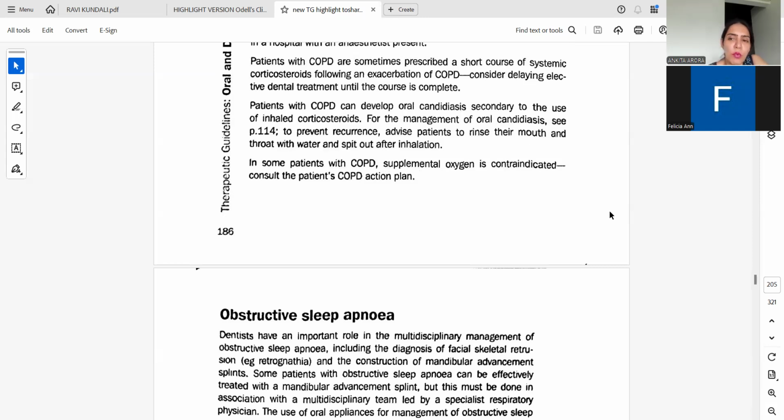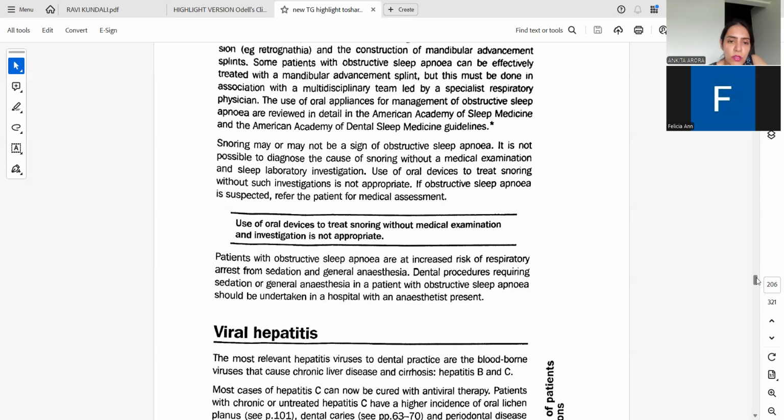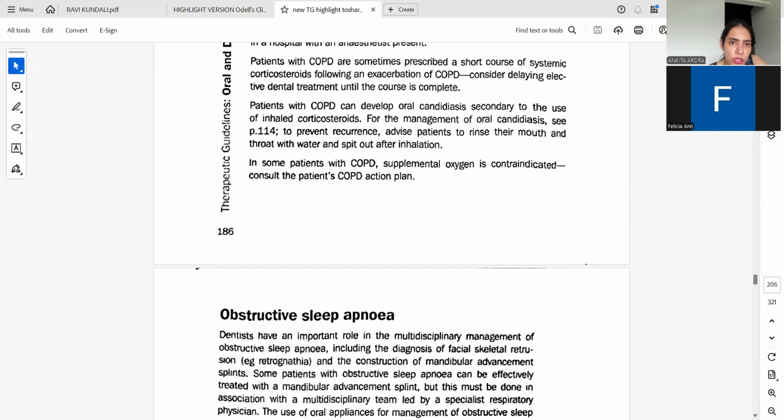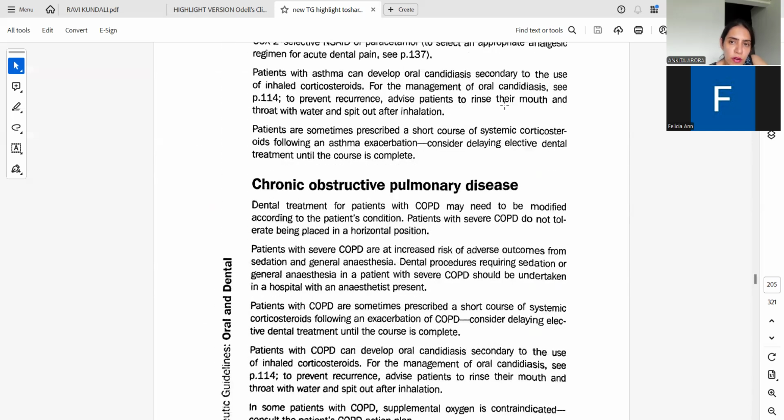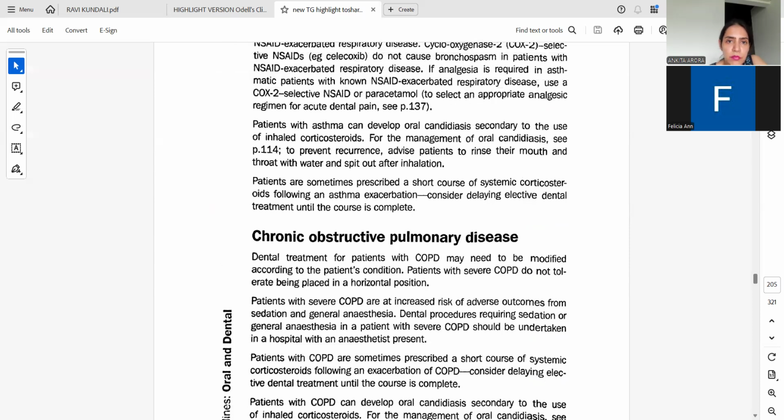So basically, in both these scenarios, if the patient is able to tolerate general dental treatment in the OPD, then only you will do it, for asthmatics with their inhalers and everything brought in.